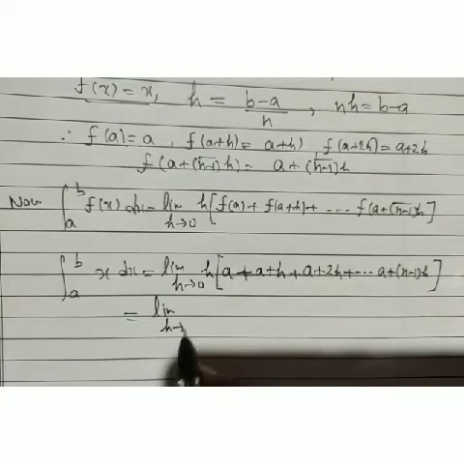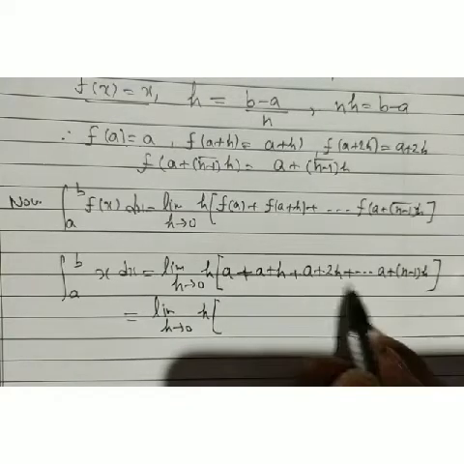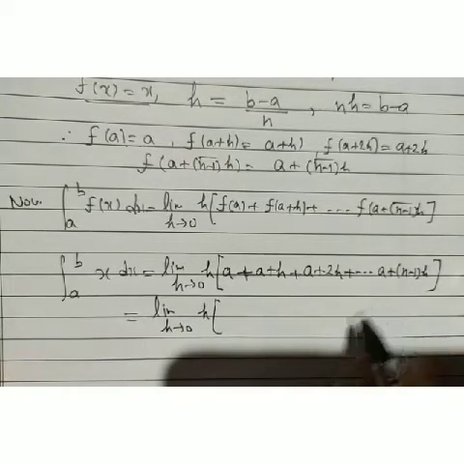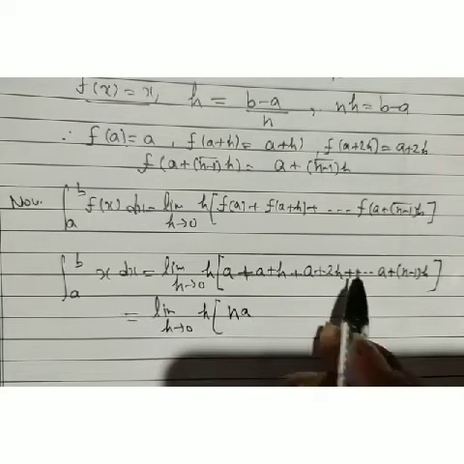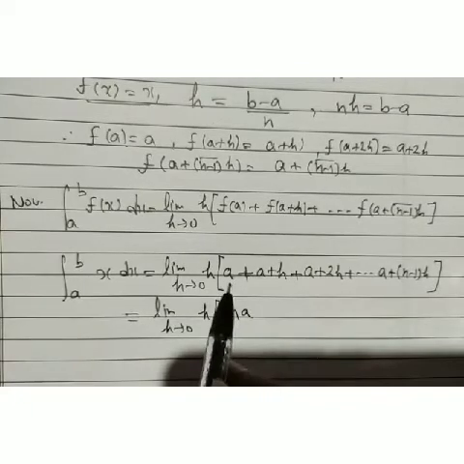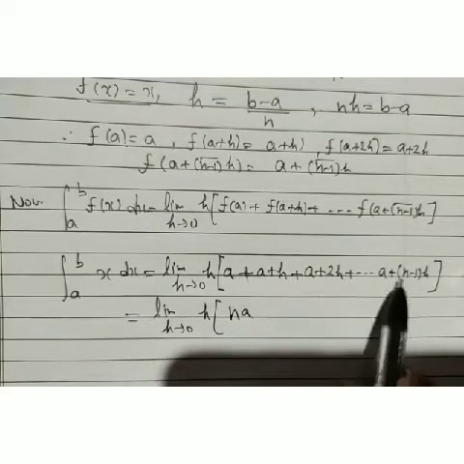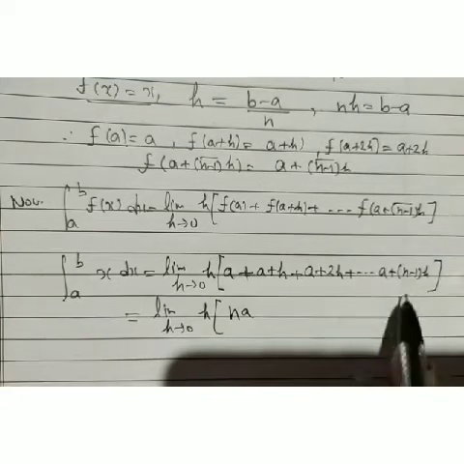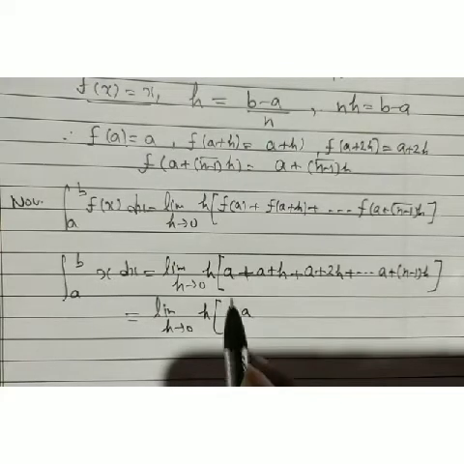Now limit h tends to 0 of h times [n a ...]. Look, don't be confused: first there is a, and then from here a plus h, a plus 2h, up to a plus (n minus 1) h. These are n minus 1 terms, and this is our one term, so that is why there are n terms of a, n a.